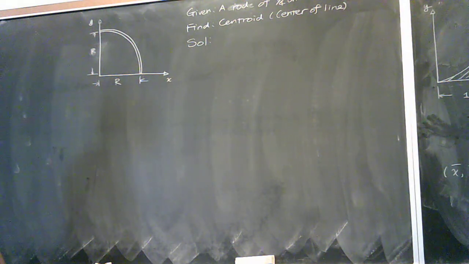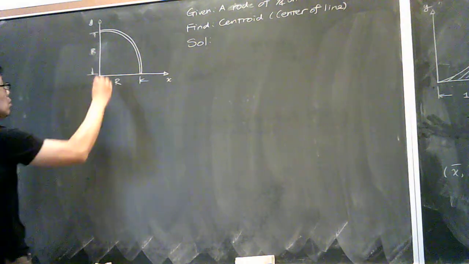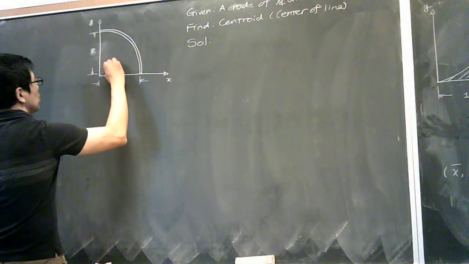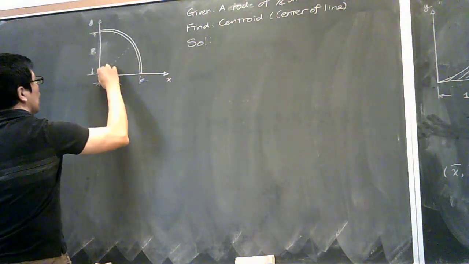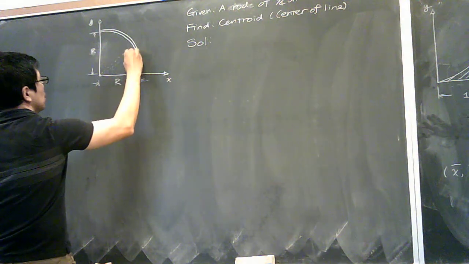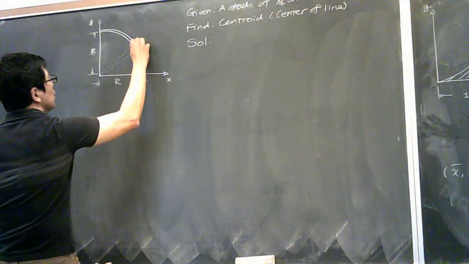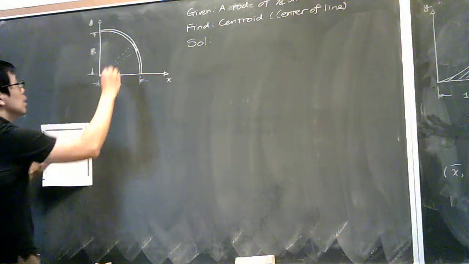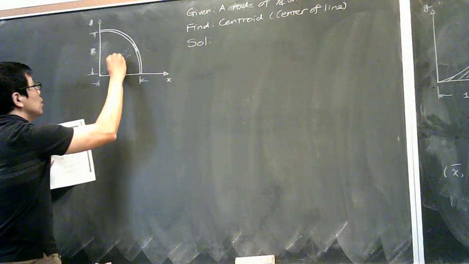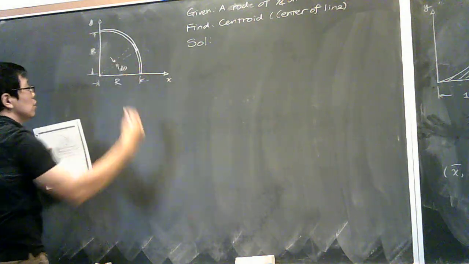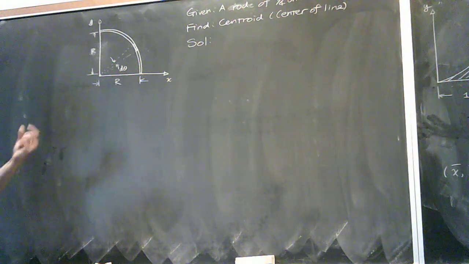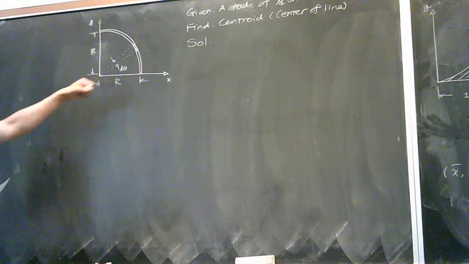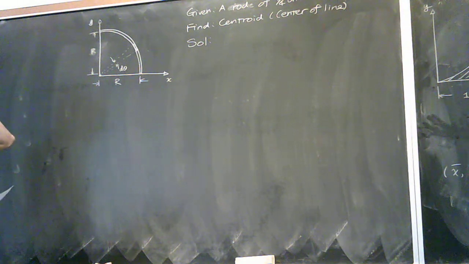Since I know this one is circular, I would like to use a little bit different approach. This one over here is theta. Of course, I know that my theta is small, not so large as drawn, just for representation in class.